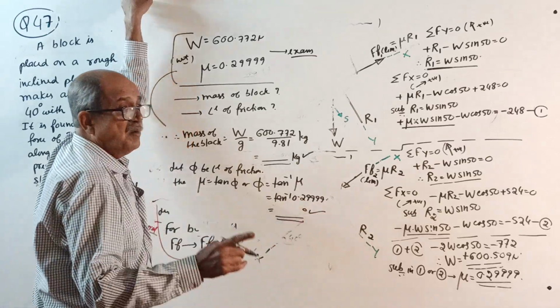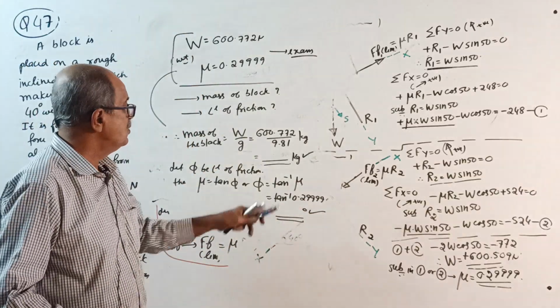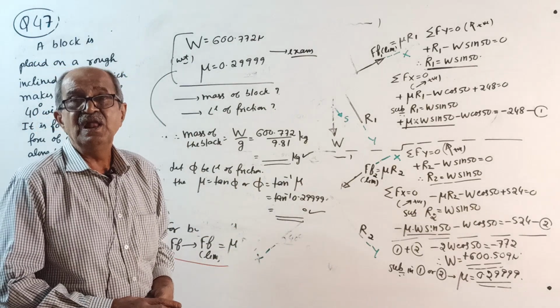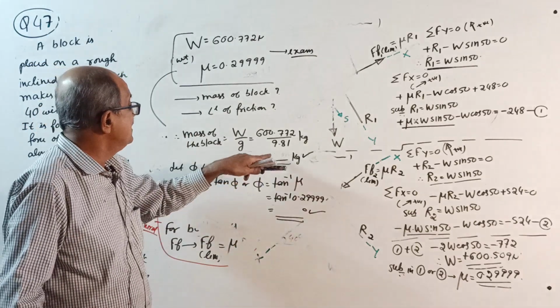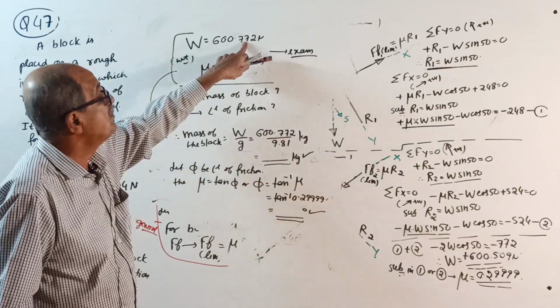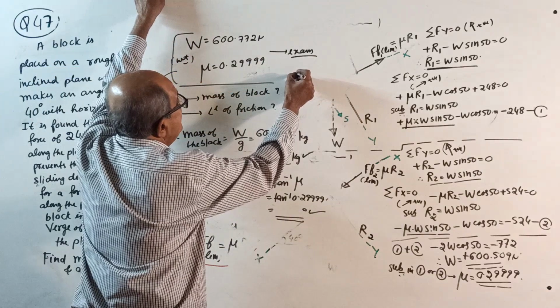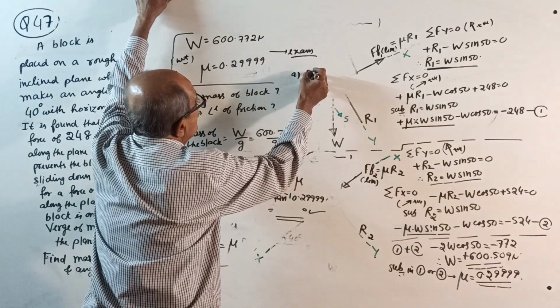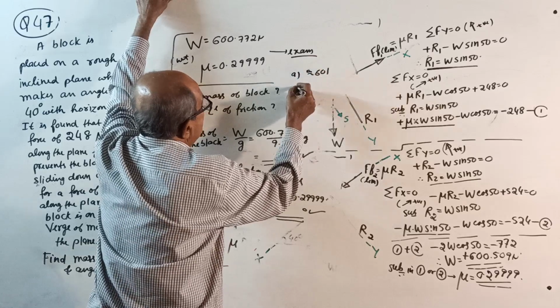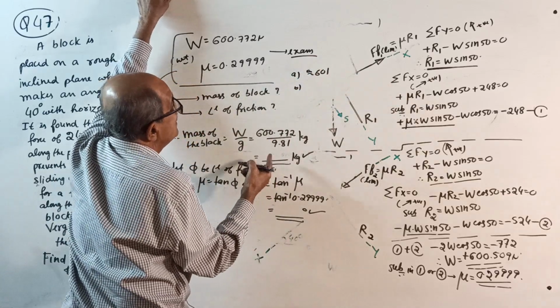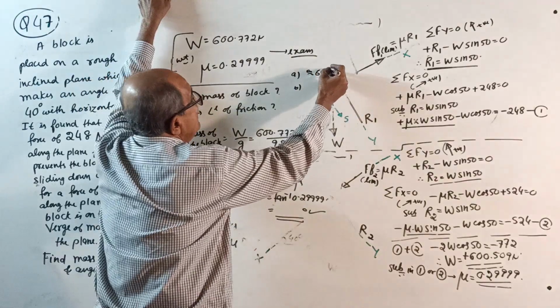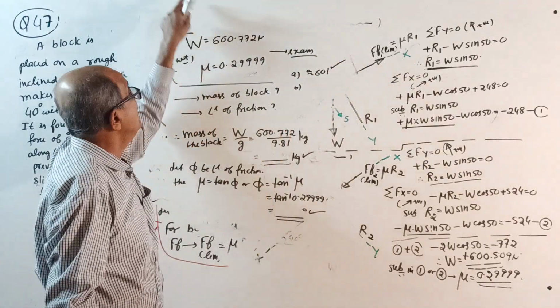In an objective question, if there is a single unknown, a simple question, they will give this option and also this option. So many people, when they get 600 in option A, they will give the weight approximately 601, and in B they will give this answer approximately. In a hurry, people will tick this answer. Why? They got the answer.